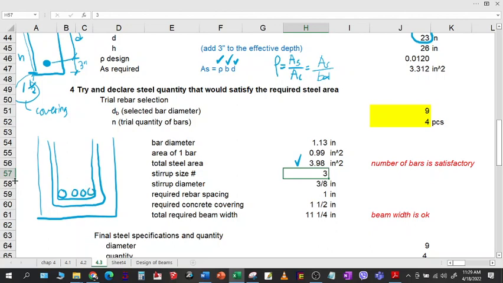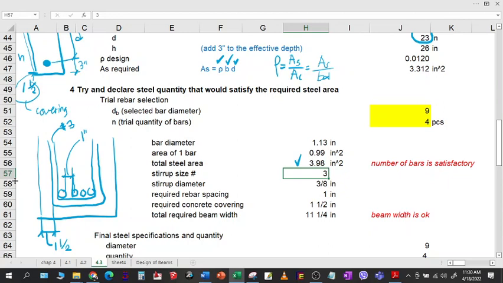Pardon for the drawing. This one should be 1.5 inches. And this one, if not given, use number 3, or in metric you have 10 mm. So this one is 3/8 or number 3. The stirrup is number 3. And then this one should be 1 inch, from face to face of the rebar.